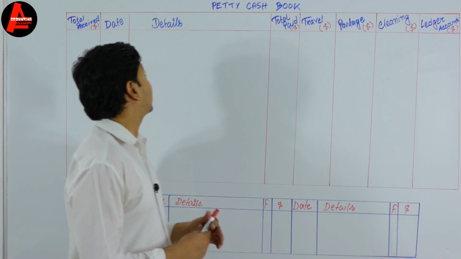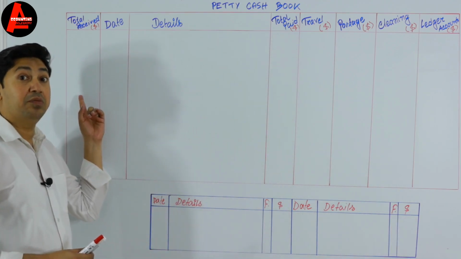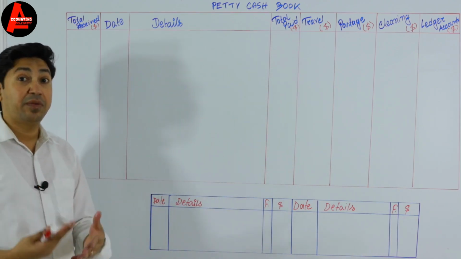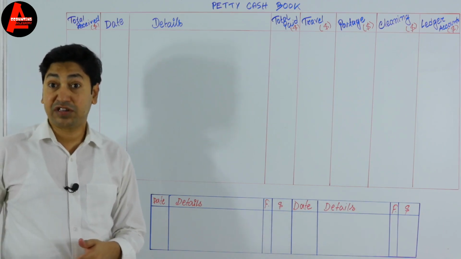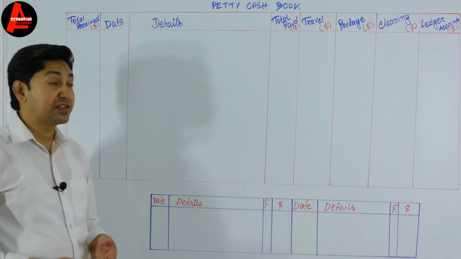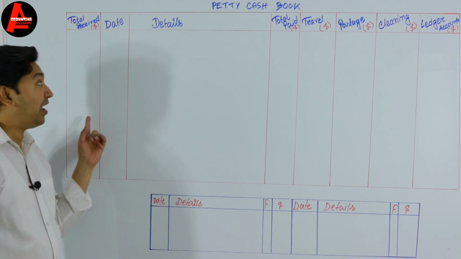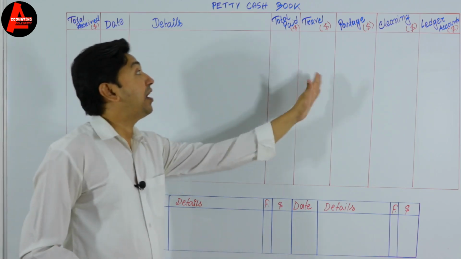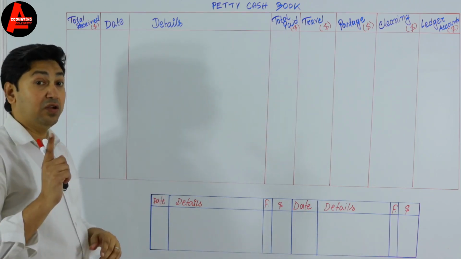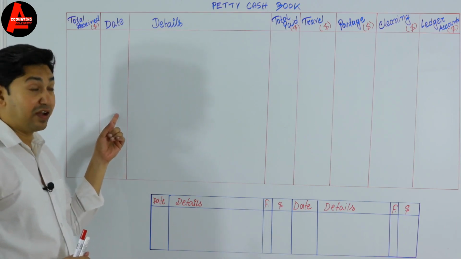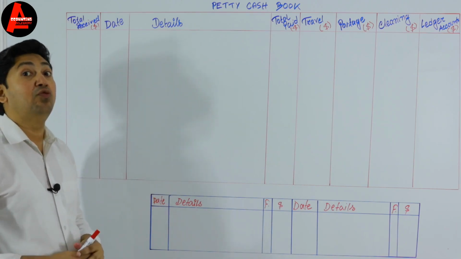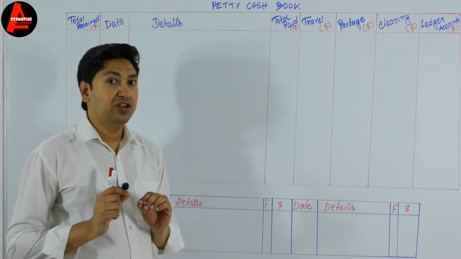So what is this? The total receipt column means money that Rashid receives for the business will be written here. For the total paid and receipt columns, there is only one date column. In the detail column, we will record all the transactions.